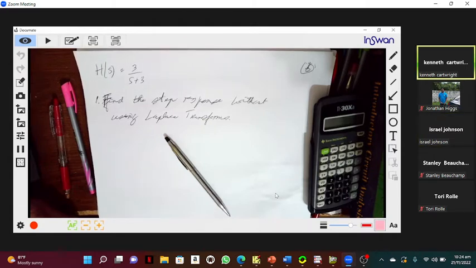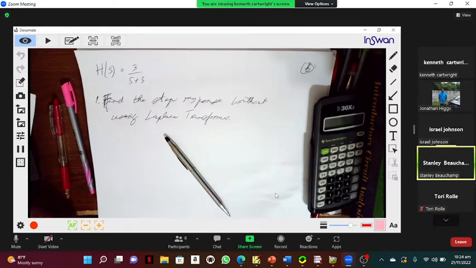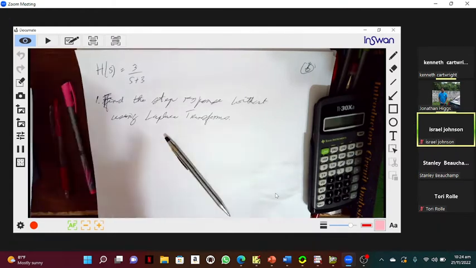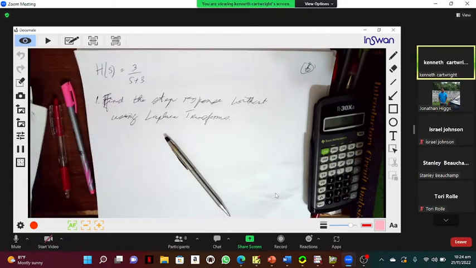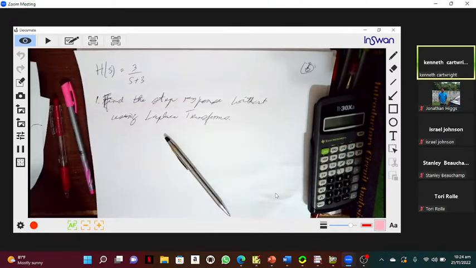Yeah, what about it? In the table, that would be 1 over s plus alpha. He said don't use Laplace. All right, oh, okay, I should have been clearer. Don't use Laplace to find the step response, but you can use Laplace to find the impulse response.